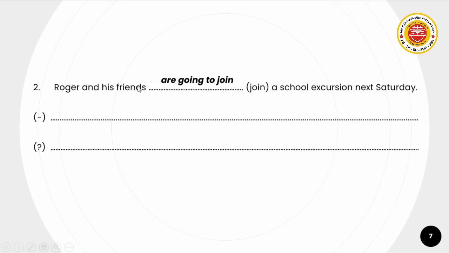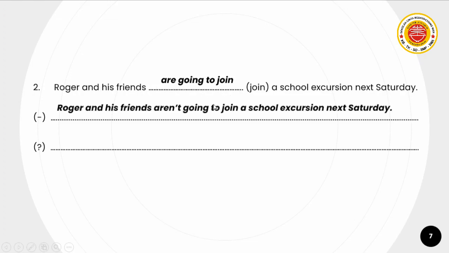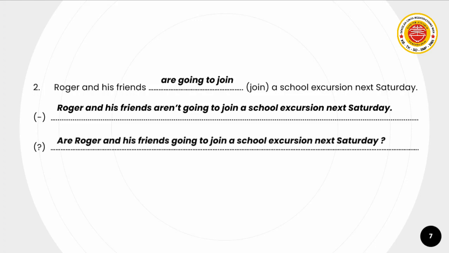Negative sentence. Roger and his friends aren't going to join a school excursion next Saturday. Questions. Are Roger and his friends going to join a school excursion next Saturday? Question mark.